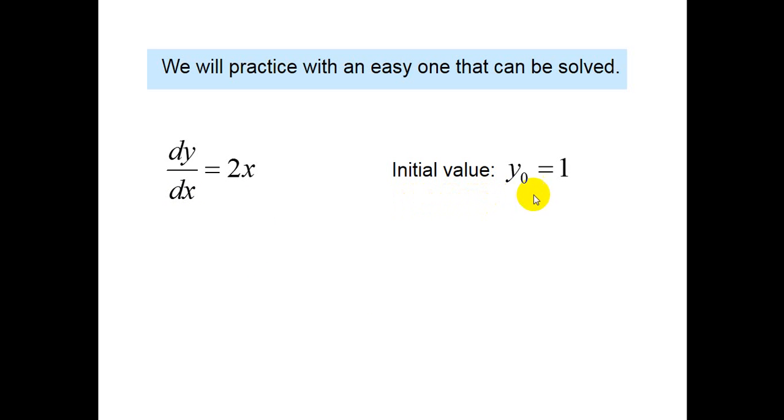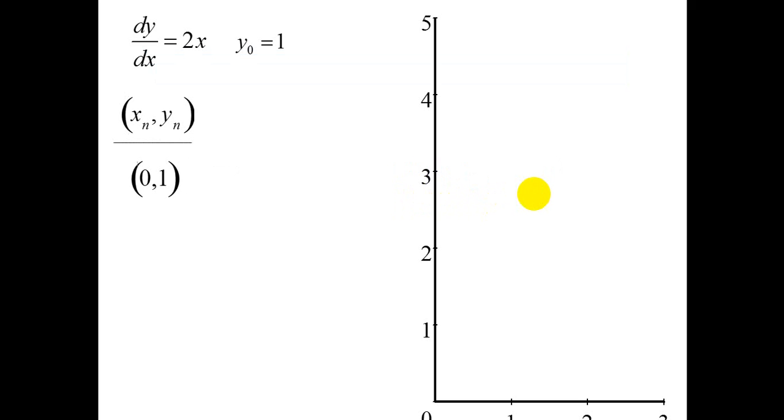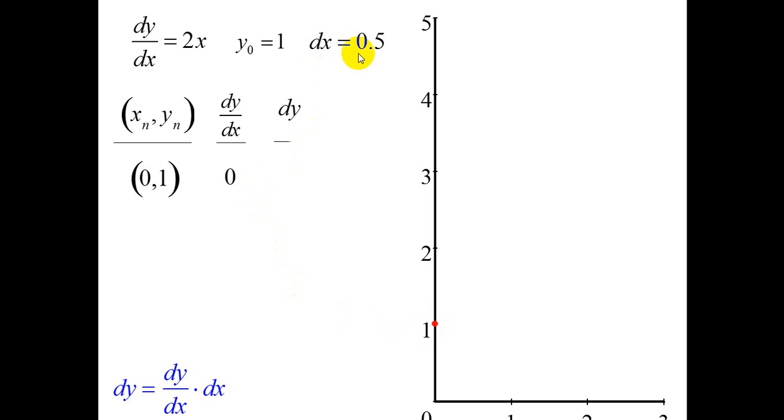Initial value: y0 equals 1. So dx, or delta x, equals 0.5. Delta x is the step size.